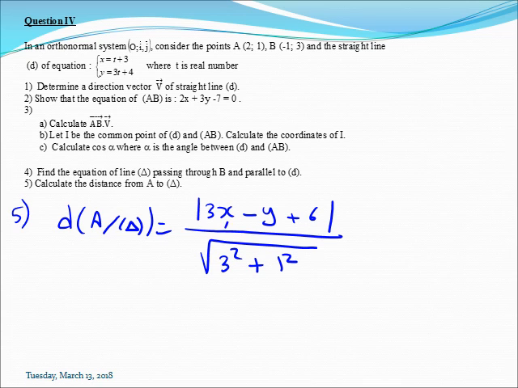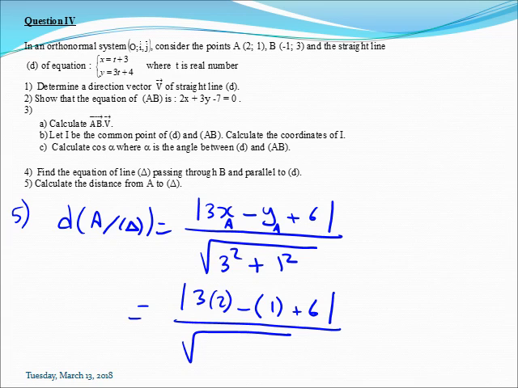With x of A and y of A equal to 3, we get 3 times x of A minus y of A plus 6 over radical 9 plus 1, equal 11 over radical 10, equal 11 radical 10 over 10.